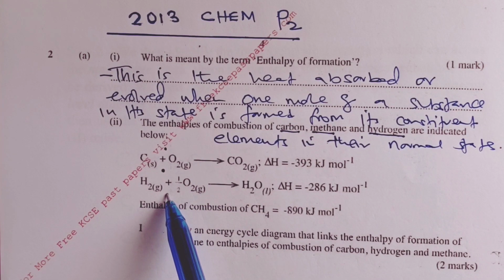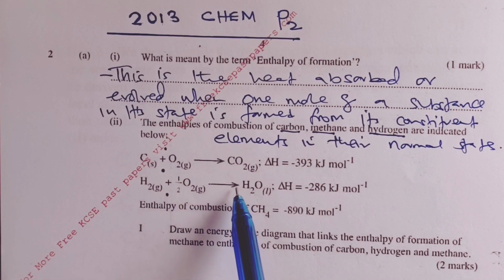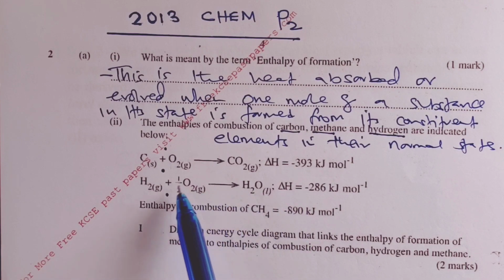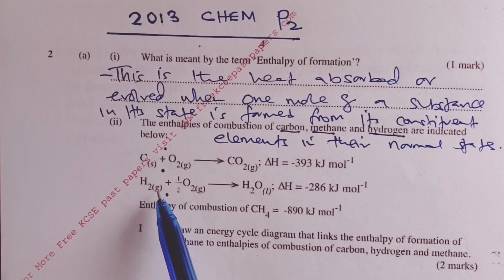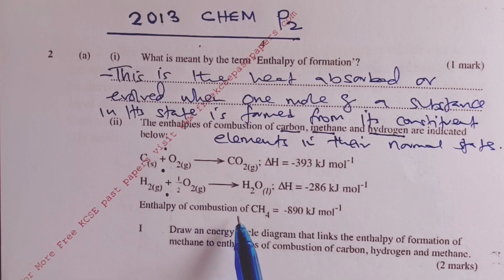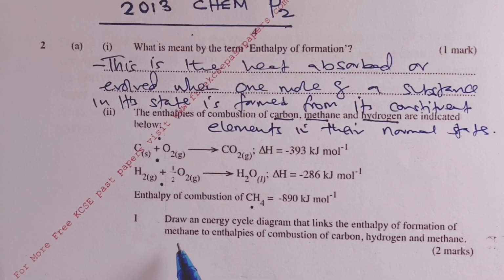Enthalpy of combustion of hydrogen is also given here, and the equation is written as well. The enthalpy of combustion of methane is given as 890, but the equation is not written. So that is what a candidate would begin with.